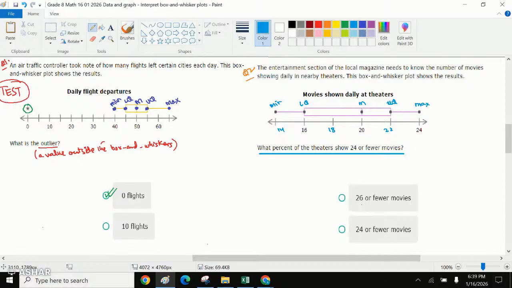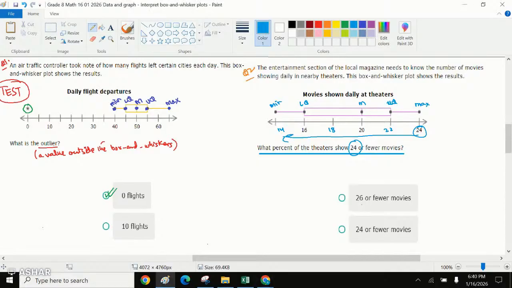What percent of theaters show 24 or fewer movies? Can there be more than 24 movies? 24 is the maximum, right? Either they show 24 movies or any number less than 24, right? Okay, sorry.